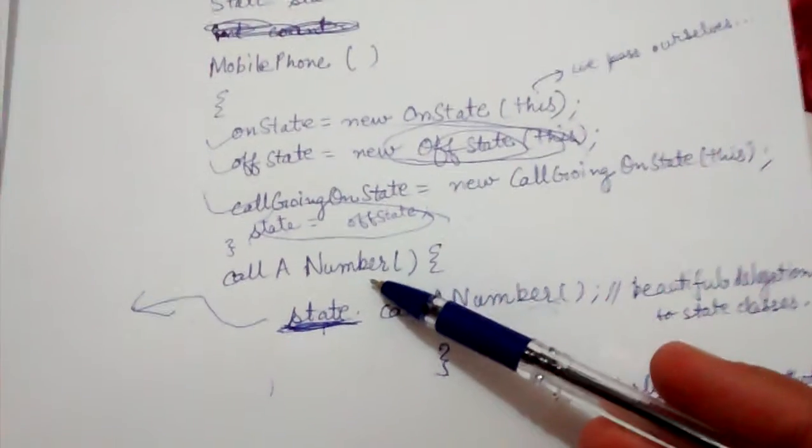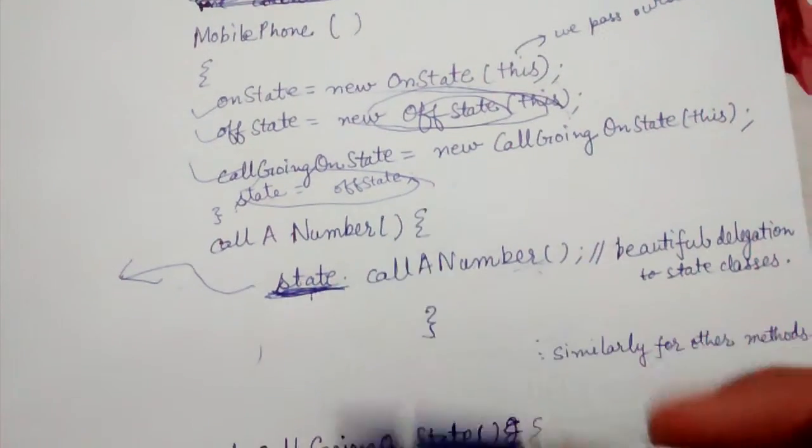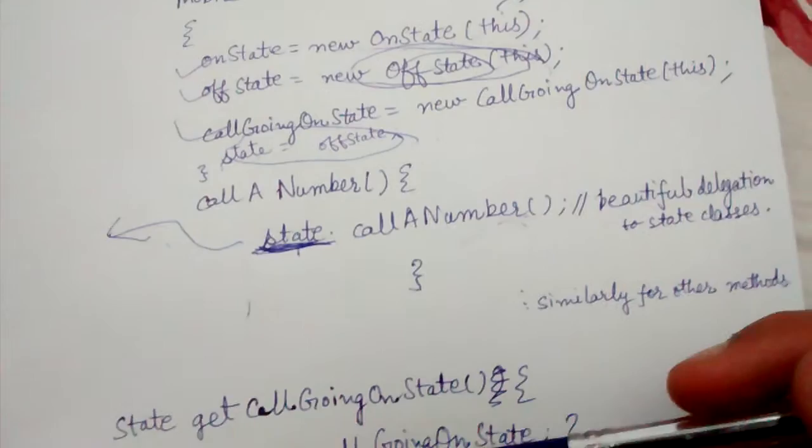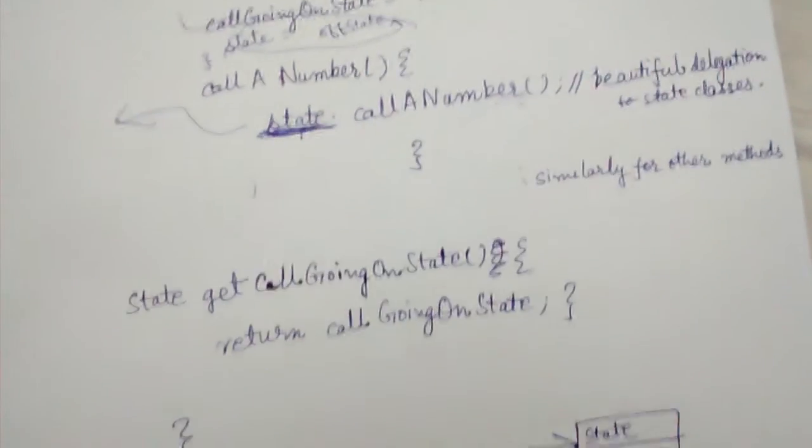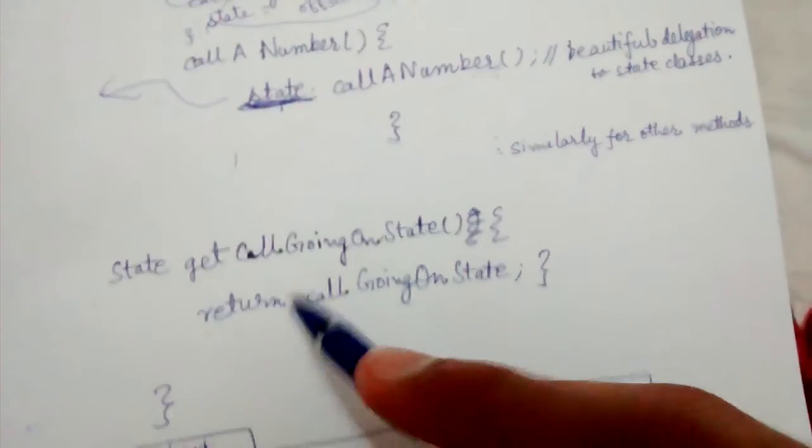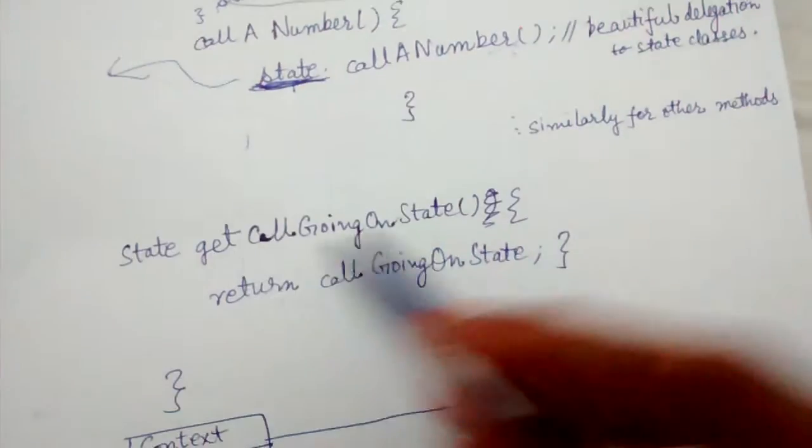Similarly, for other methods, we can implement the switch on method, switch off method, and cut call method also. And let's look at the getters and setters. Let's look at one of the getters.